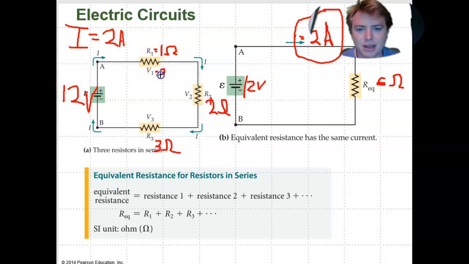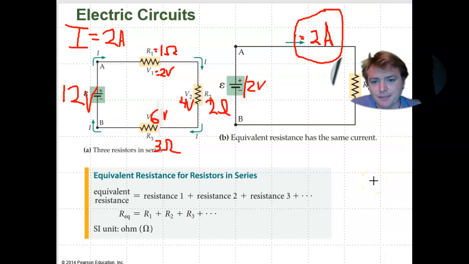Well, that's going to be 2 volts. This voltage is going to be 4 volts. I'm multiplying by 2 because my current was 2. And this is 6 volts. And now we can see that 2 volts plus 4 volts plus 6 volts gives us that same total of 12.